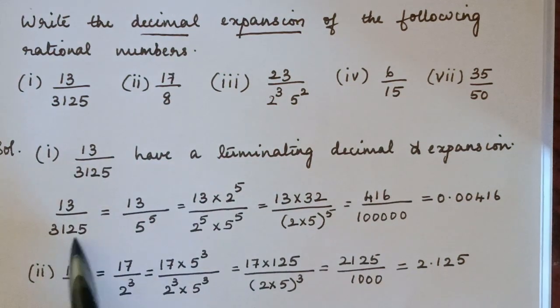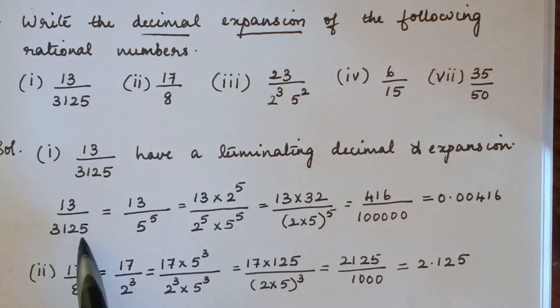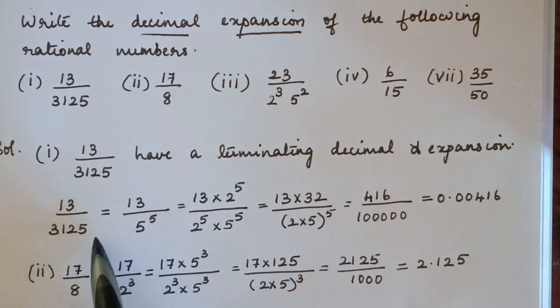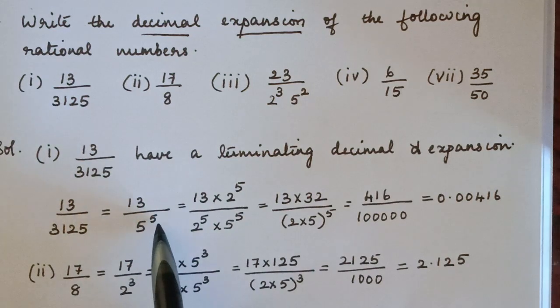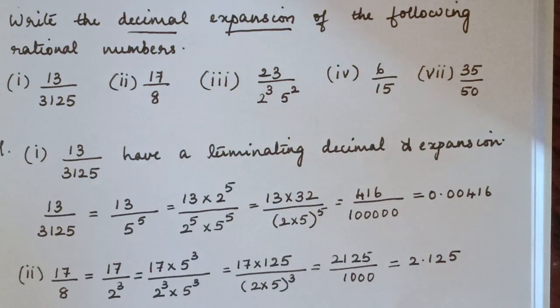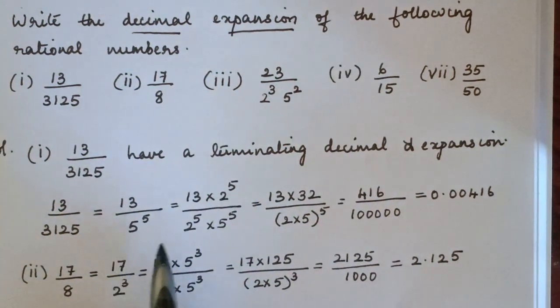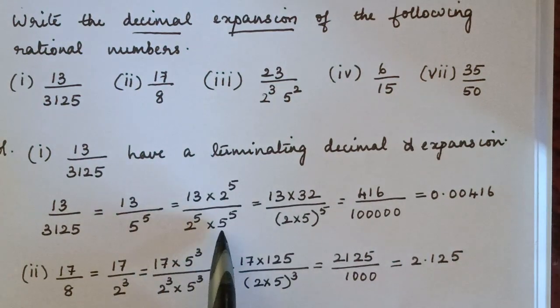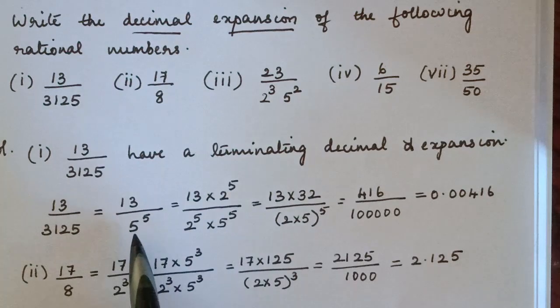By doing the prime factorization of 3125, we can see that the denominator we can write as 5 raised to 5. Now here, to find the decimal expansion, the easiest way is to make the denominator a multiple of 10. So here only 5 raised to 5 is there.